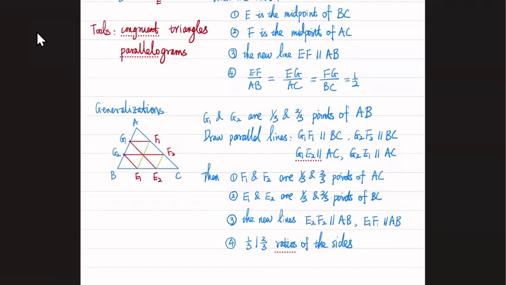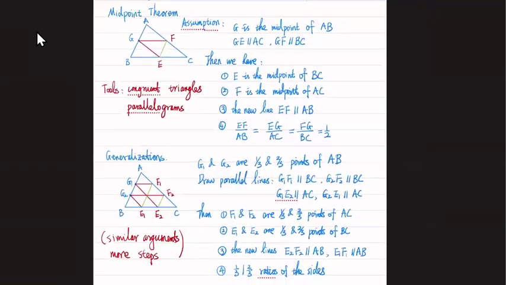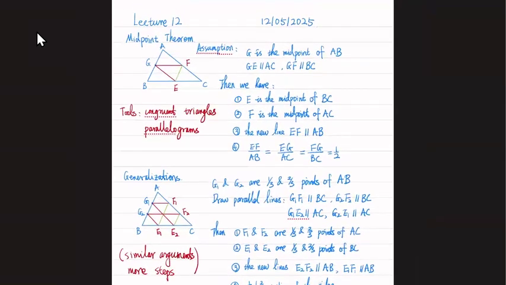It is a similar argument. Okay. So this is our first generalization of the midpoint theorem.